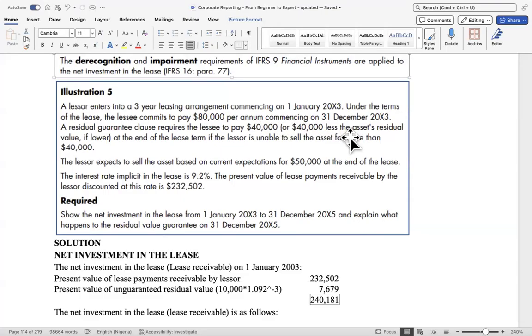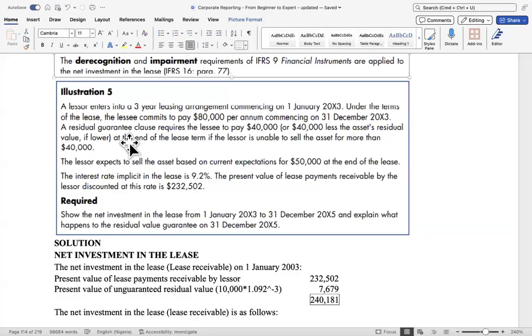They now said, or 40,000 less asset residual value, in the sense that if the asset was sold for, let's say, 20K, the lessee would give an extra 20K, just so that the lessor gets that guaranteed 40K. But if, luckily for the lessor, he is able to sell it for more than 40K, then good for him.